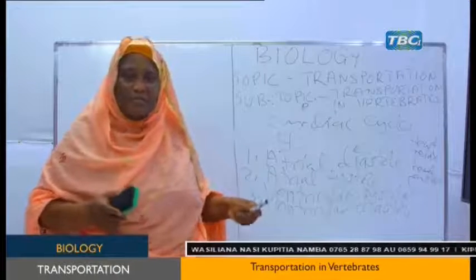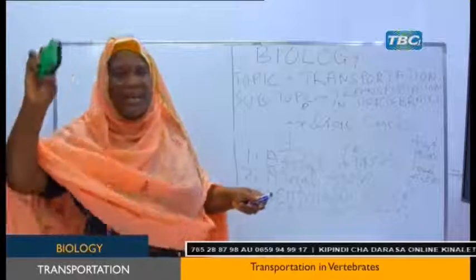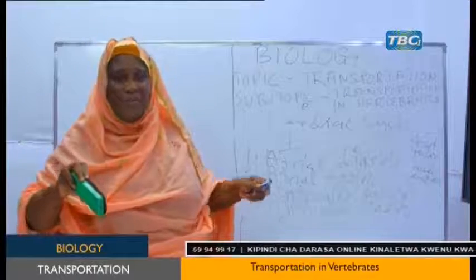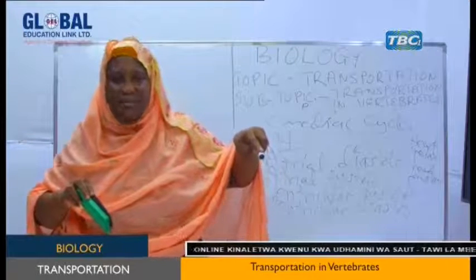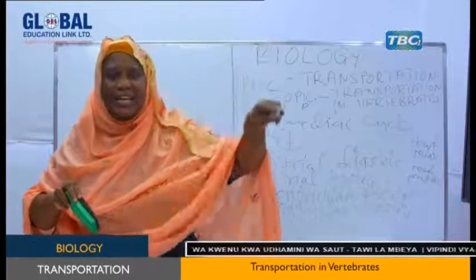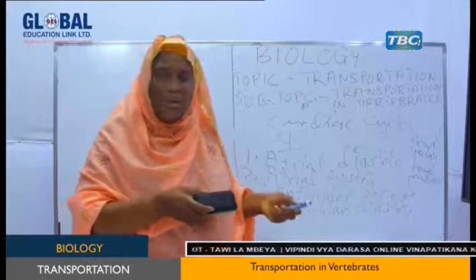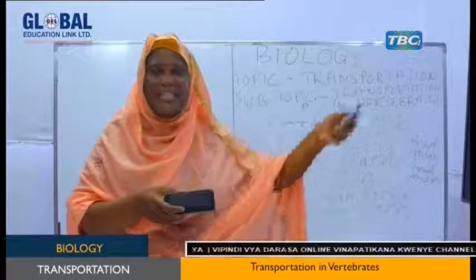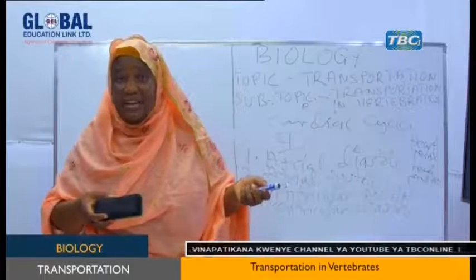Apart from that, at the same time, while blood enters to the left atrium, blood also enters to the right atrium. Blood which enters here comes from different parts of the body. It enters through the blood vessel which is known as vena cava.